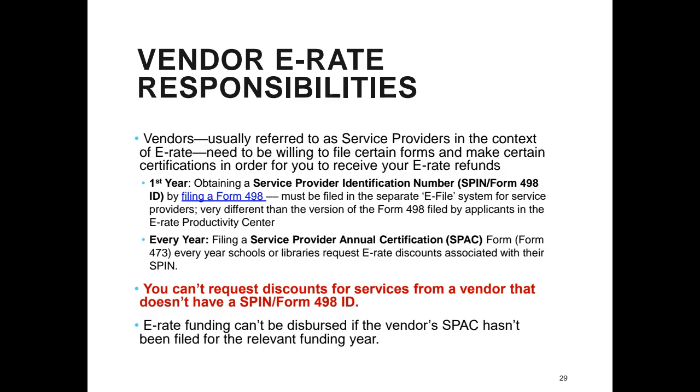And this step has started to take a little bit longer because there's now a prerequisite to obtaining Form 498 ID, and that is to have completed SAM.gov registration. So your vendors have to have active SAM.gov registration at the time they're obtaining the SPIN, or it won't be assigned.